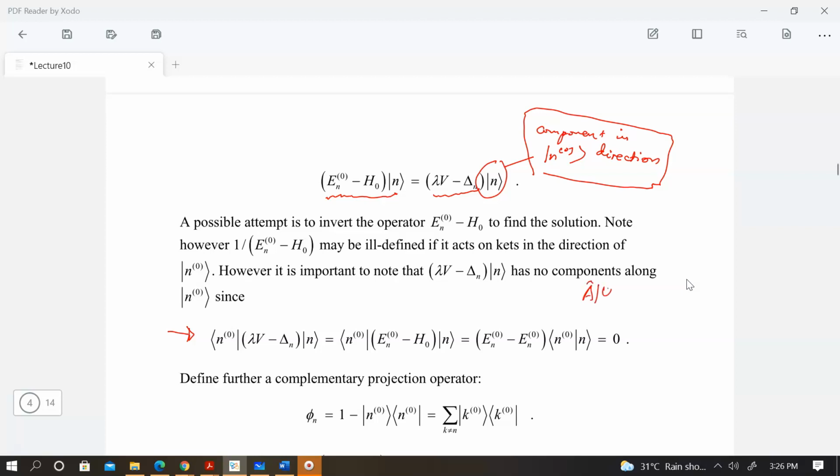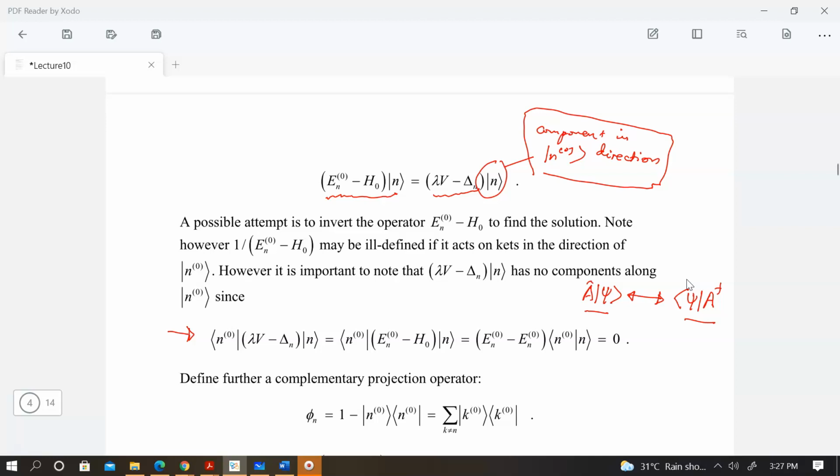Once you know how it acts on this, then automatically you know how the dagger acts on the eigenbra. It's not even eigen. In this particular case, it is this dual state. So you know this, automatically you know this. But now the fact that your h is Hermitian, so you know how h naught acts on your n naught, and that should give you en naught, which then trivializes to be equal to 0.